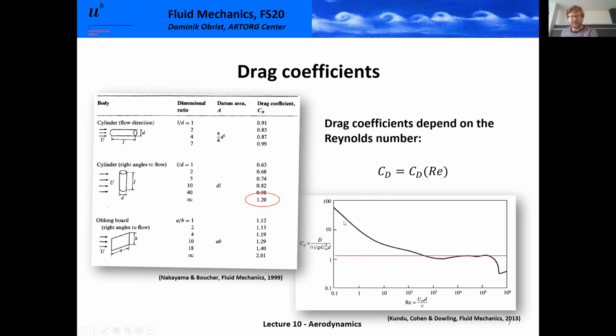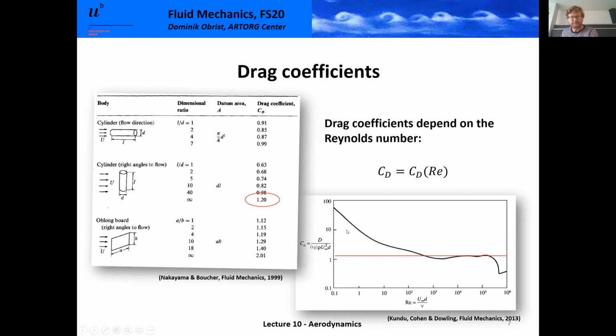We see that for very low Reynolds numbers, the drag coefficient is much higher and actually decays with Reynolds number. This whole story about Stokes flow, right? Stokes flow was for a sphere, not for a cylinder, but the story is similar for a cylinder. So in the Stokes flow range, 1.2 is actually not a good value.